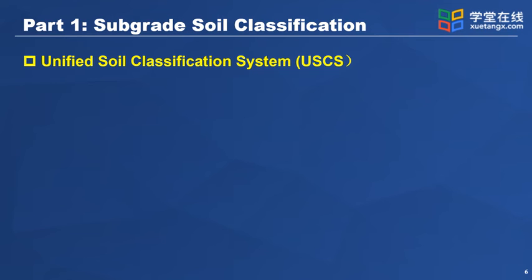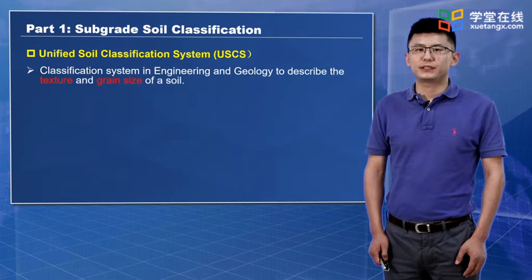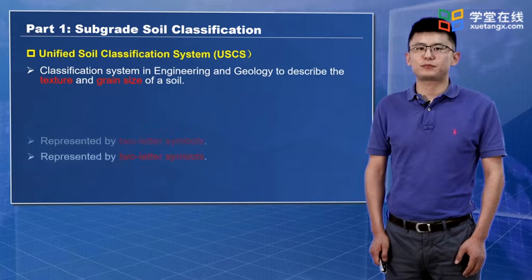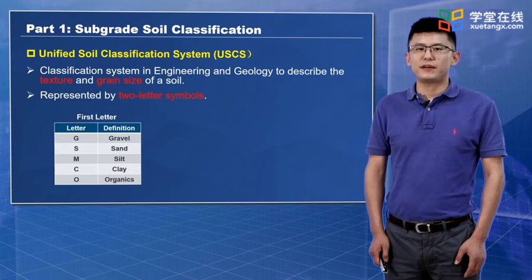The first one, USCS. Generally, USCS is a classification system in engineering and geology. It is used to describe the texture and grain size of a soil. And it is usually represented by two-letter symbols. So what are the two letters?